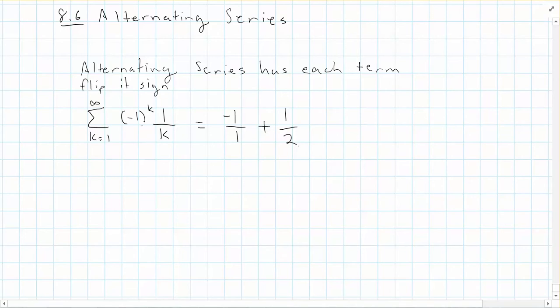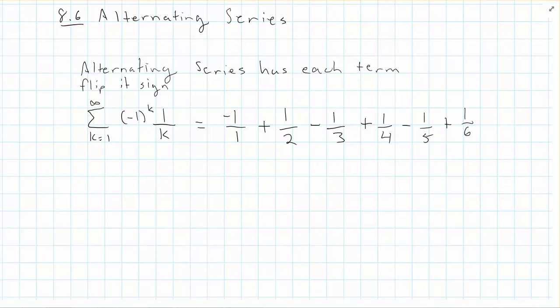Then we'd do 3, which would be negative, so -1 to the third is a negative, so -1/3. Then for the fourth, -1 to the k would be positive, so plus 1/4, and then so on, -1/5, plus 1/6, and so on and so on. So this is an alternating series.